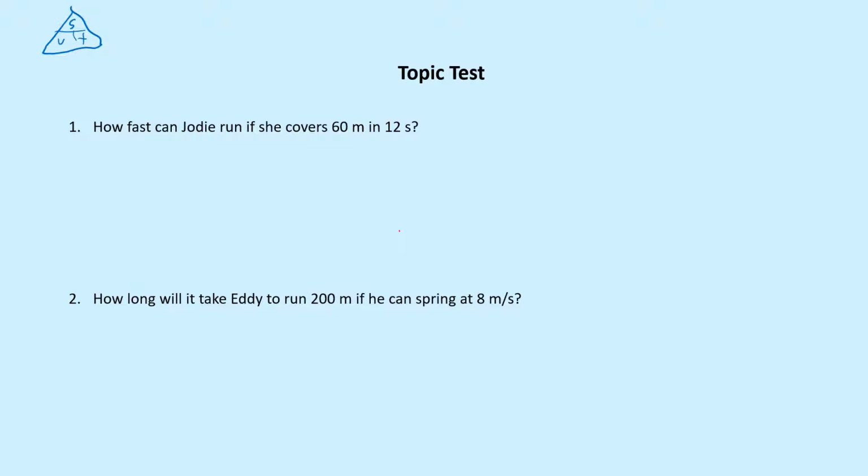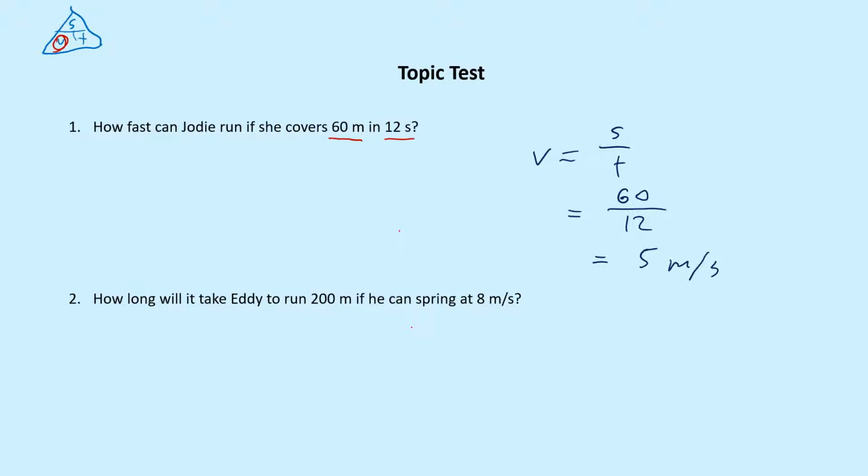Say, how fast can Jodie run if she covers 60 meters in 12 seconds? I look at my equation and I cover up the V and I say, okay, fantastic. So now I know that V equals S over T, and I just continue on with the equation from there. We end up with 5 meters per second.